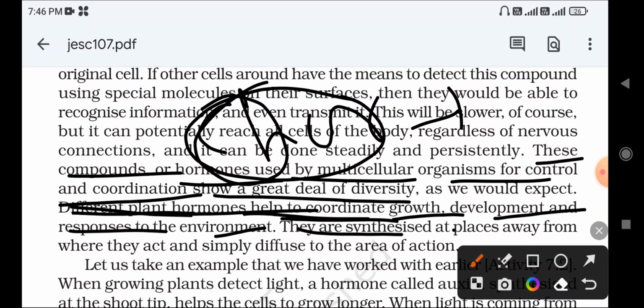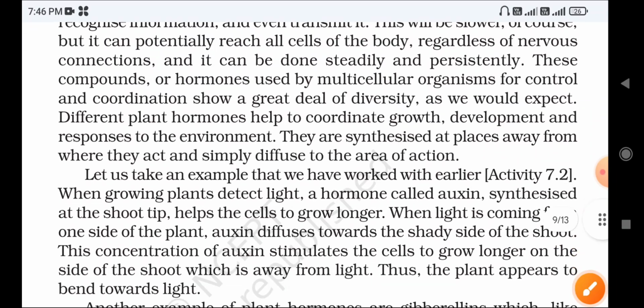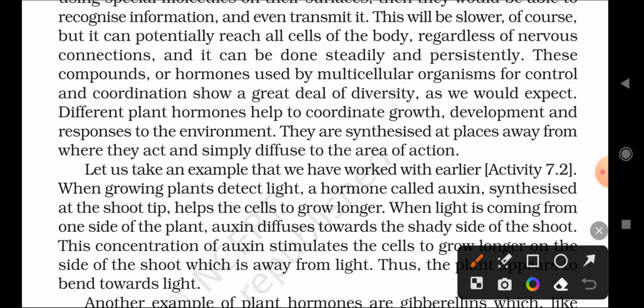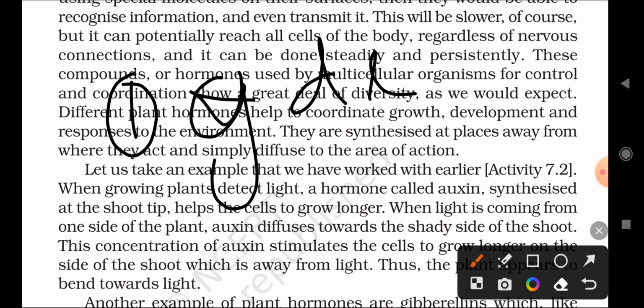They are synthesized at a place away from where they act, and simply diffuse to the area of action.